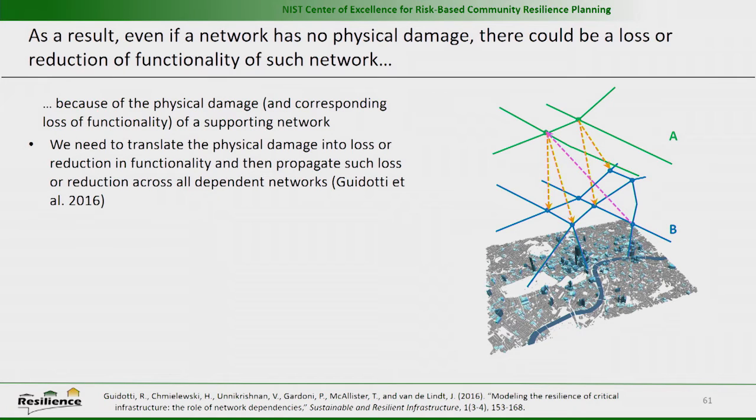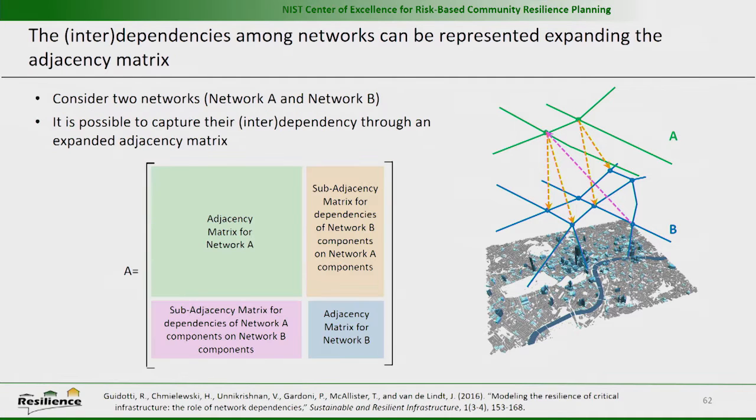As a result, even if a network has no physical damage, there could be a loss or reduction of functionality of such network because of the physical damage and the corresponding loss of functionality of a supporting network. So we need to translate the physical damage into a loss or reduction in functionality, and then propagate such reduction across all dependent networks. The dependencies or interdependencies among networks can be represented by using an expanded adjacency matrix.